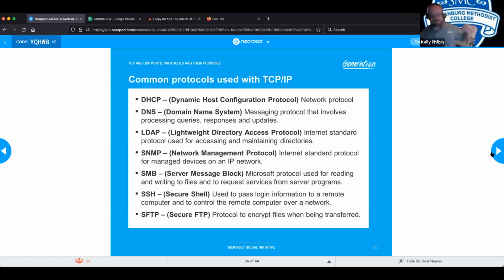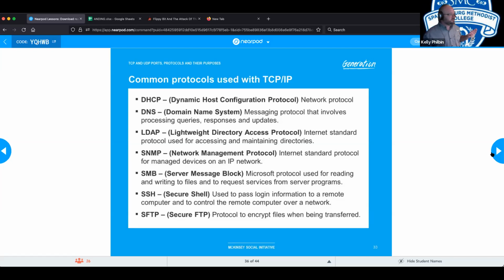SNMP, you might remember seeing this one in every question where we're talking about ports, and they ask what three are the email ports. They'll give you IMAP, SMTP, POP3, and then they always throw SNMP in there because it looks so close to SMTP. But this is Simple Network Management Protocol.